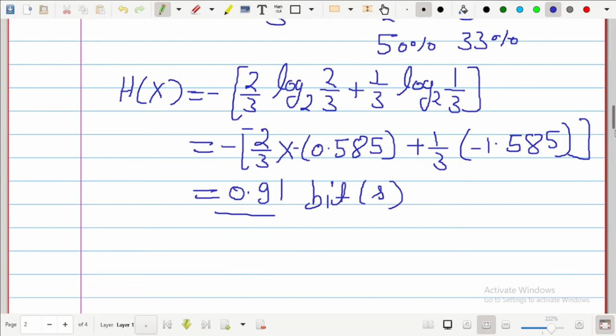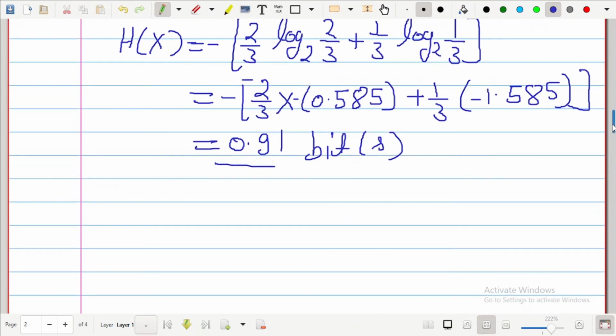Let us decrease uncertainty more. So I am taking P1 equal to 3/4 and P2 equal to 1/4. This is the probability for getting head.